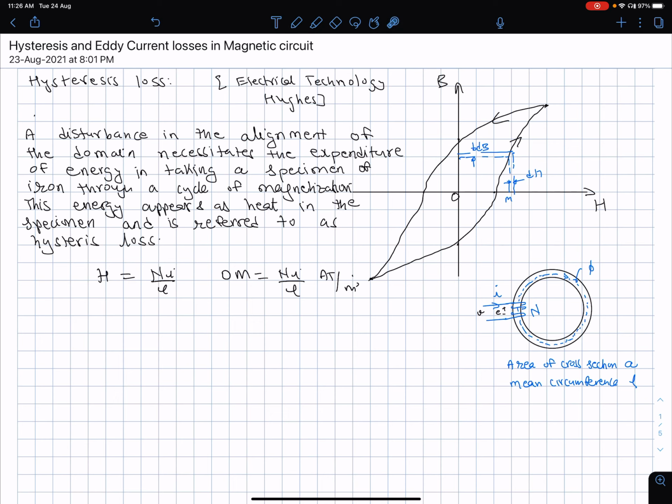The B that is produced by this H, since it is shown on the rising curve, is this value B.